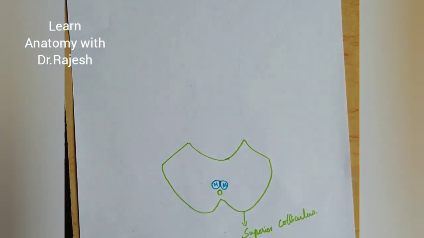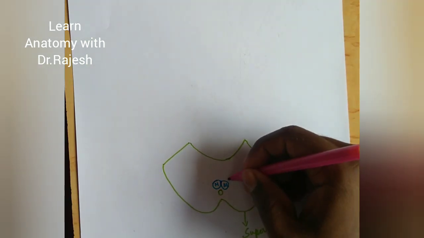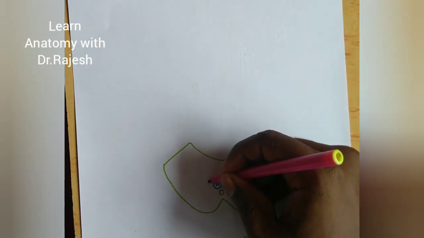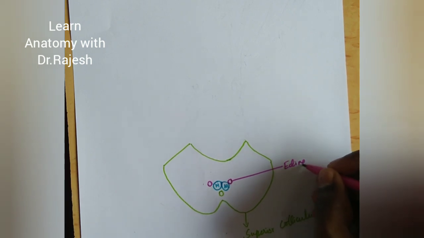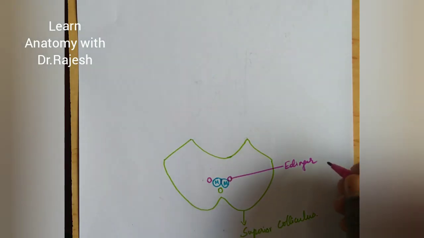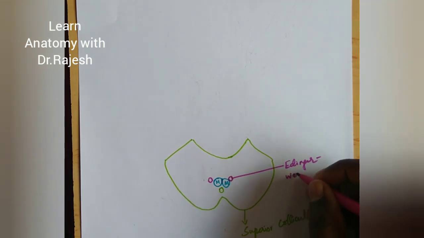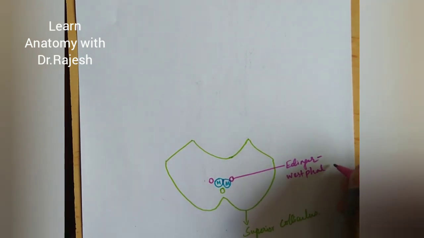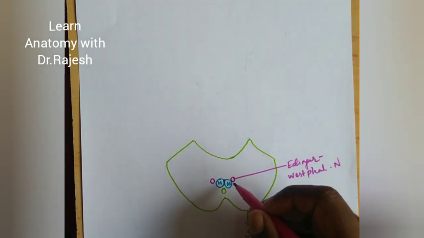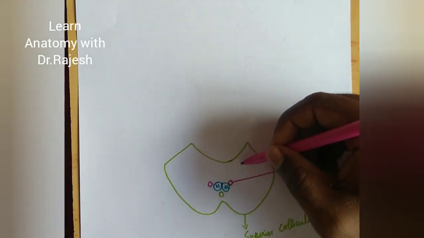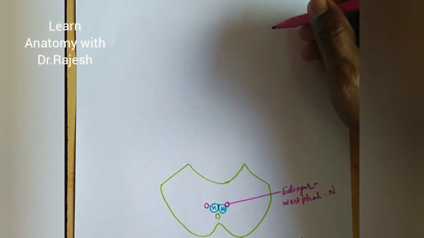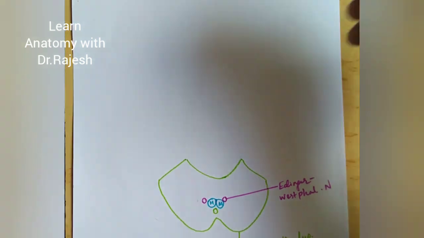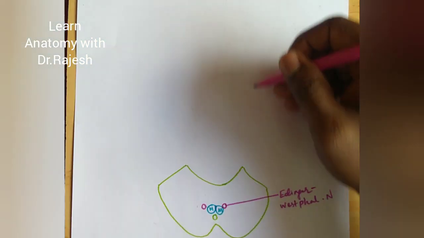Lateral to the motor nuclear complex, we have the Edinger-Westphal nucleus. This Edinger-Westphal nucleus will relay in the ciliary ganglion, and the postganglionic fibers, which are parasympathetic, will supply the ciliaris and the sphincter pupillae.